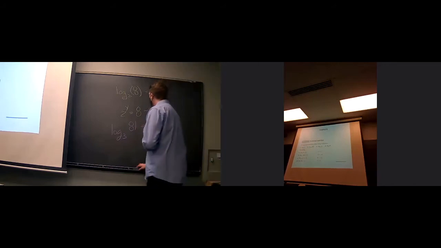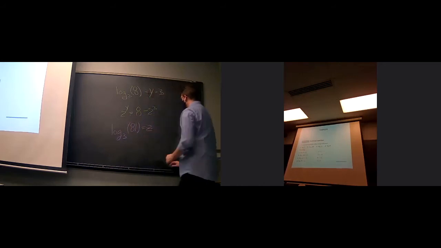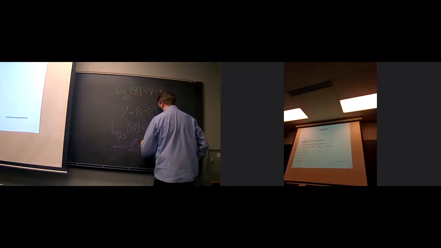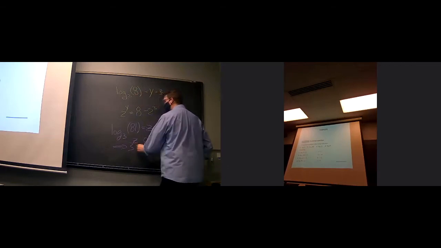And let me not write it so sloppily so that it's easy to read. What this is telling us is that 3 raised to the zth power is going to be 81. What is that z?